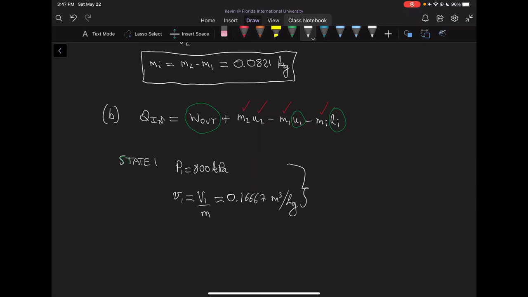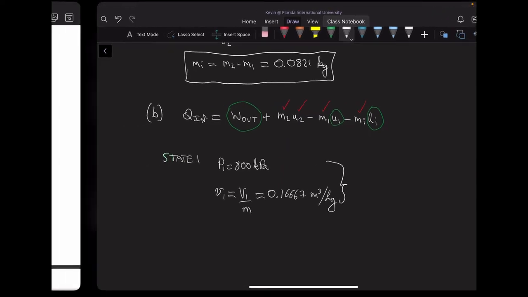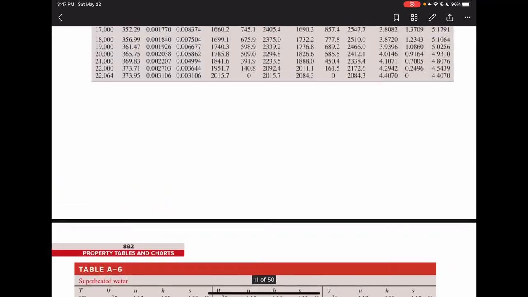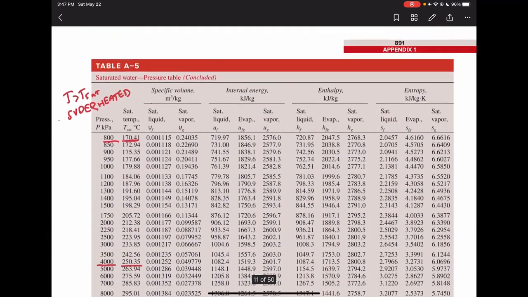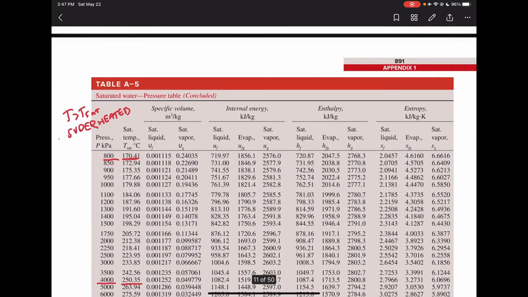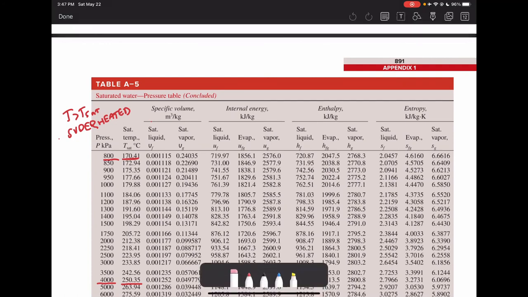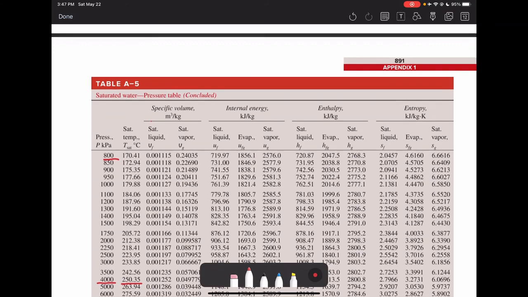So using the tables, we go to table A5 once again, we're at 800 kilopascals. And just to erase here what we have, we can see that at 800, we're going to verify where our VF lies.